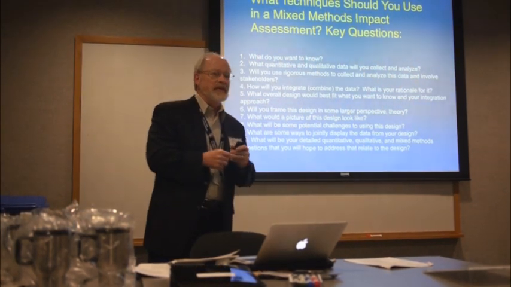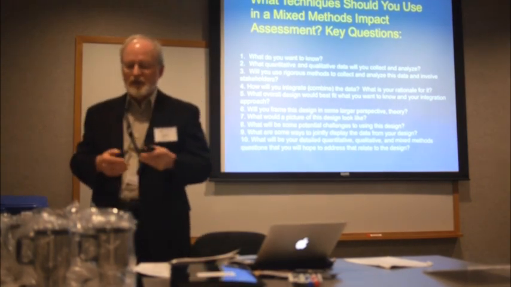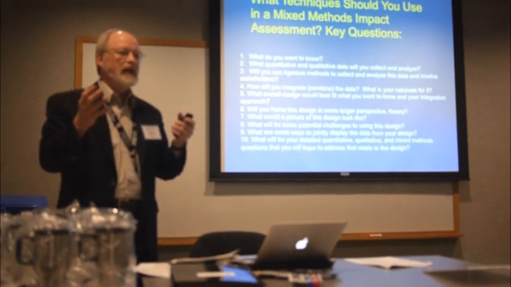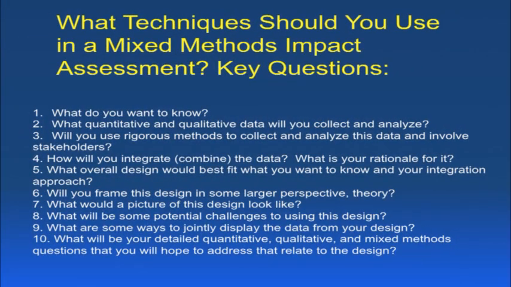So what's happened in 25 years is we've actually come up with techniques or strategies in what I would call the science of mixed methods research. And we'll be focusing in on some of these techniques. What do you want to know?